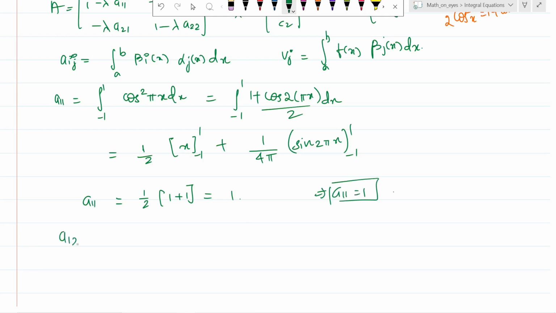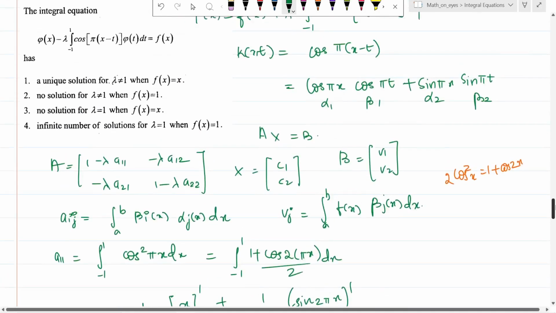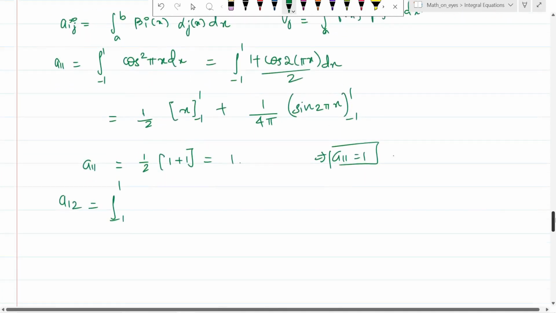And A12 is equal to integral minus 1 to 1, beta 1 and alpha 2. Beta 1 is cos pi x, alpha 2 is sin pi x. So we get cos pi x and sin pi x into dx.